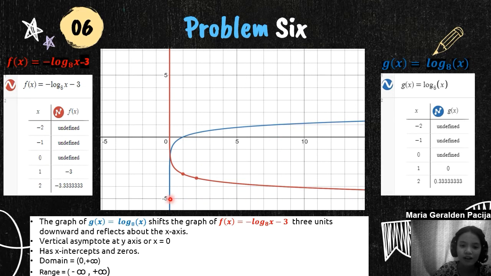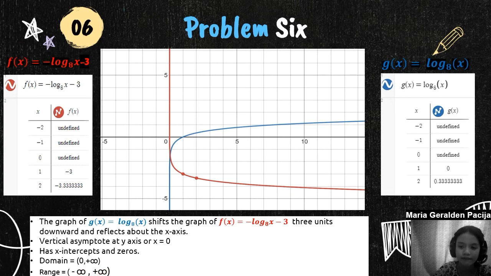Next, we'll have our vertical asymptote, which is found at the y-axis, or x equals 0. Then, our function also has an x-intercept at 0, as you have observed in the graph. Next, we'll have our domain, which is 0 to positive infinity, and our range, which is negative infinity to positive infinity.